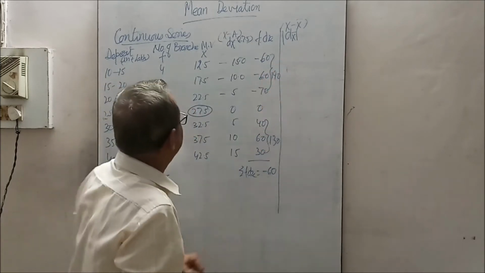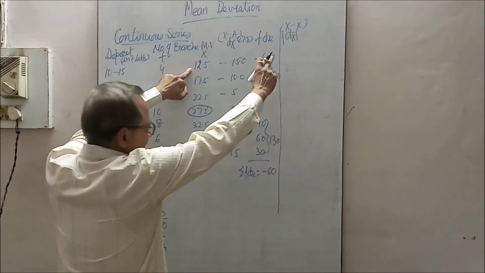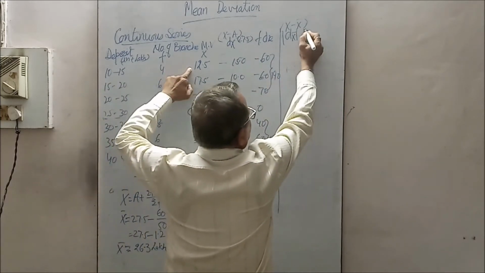Now deviation from the mean, x minus x bar, where x bar is 26.3.